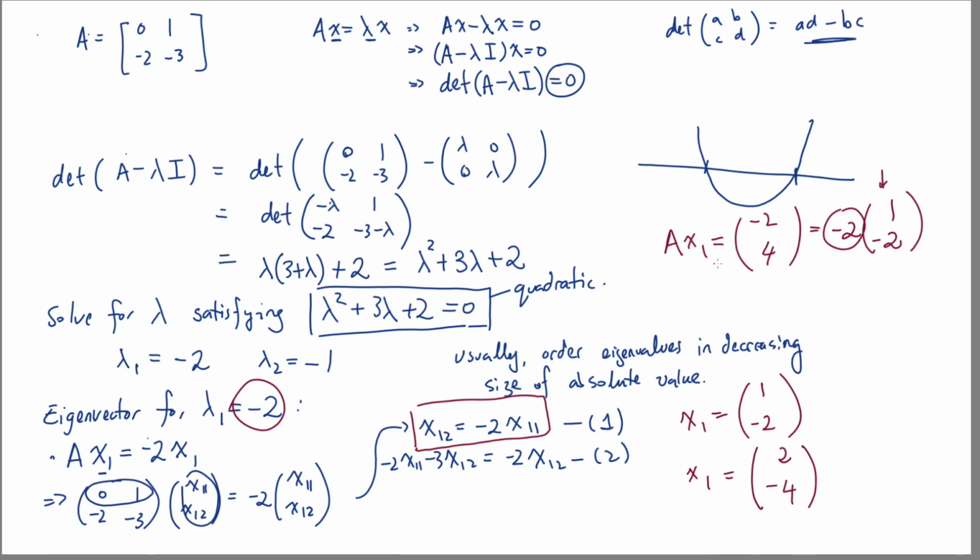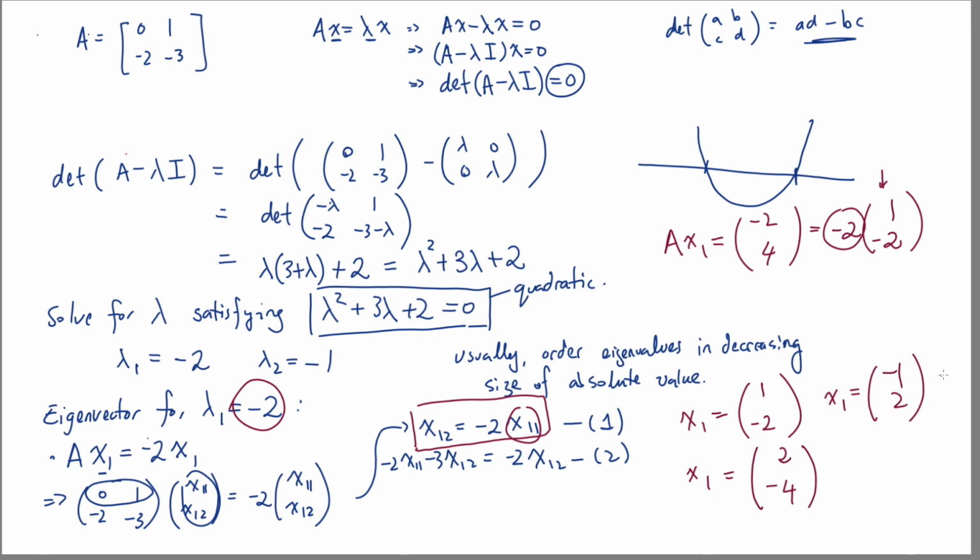If you check this out, you'll get A x1 equals -2 times the vector. This is not telling me what x11 has to be. I can pick that to be anything, and x12 just has to satisfy this property here. And similarly, I could also have picked x1 to be -1, 2. This will also satisfy this equation because x11 times -2 would be 2. So this is also true.